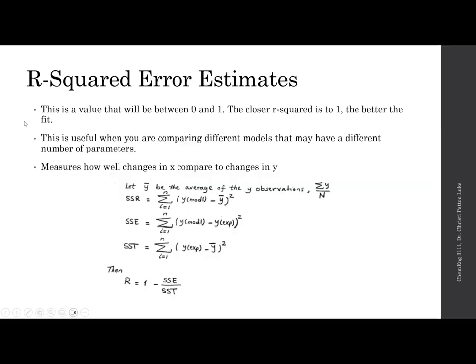And you also saw that R squared is used in order to determine the goodness of fit of a line or a curve to the raw data that we have. The R square has a value between 0 to 1, and when it gets closer to 1, that means we have a better fit of our data. And this is useful when you are comparing different models that may have a different number of parameters.